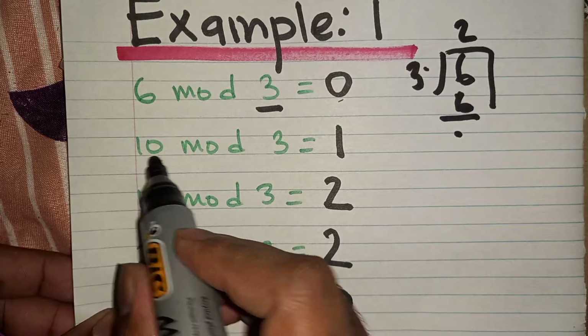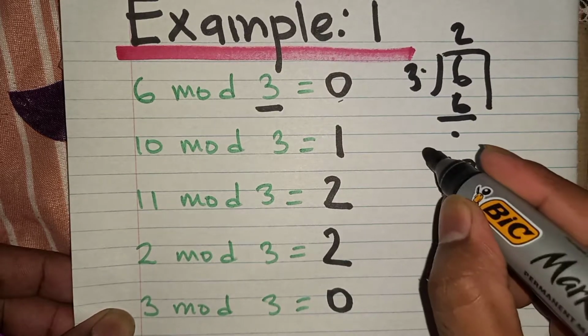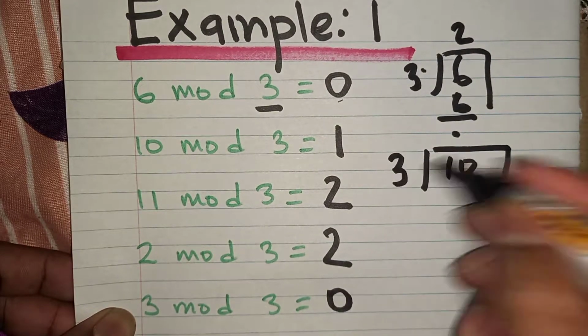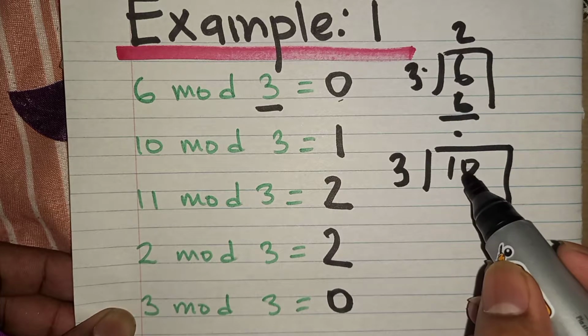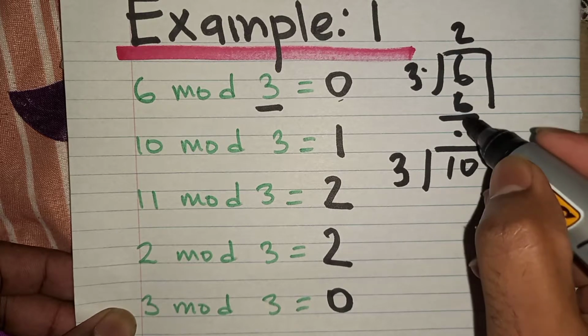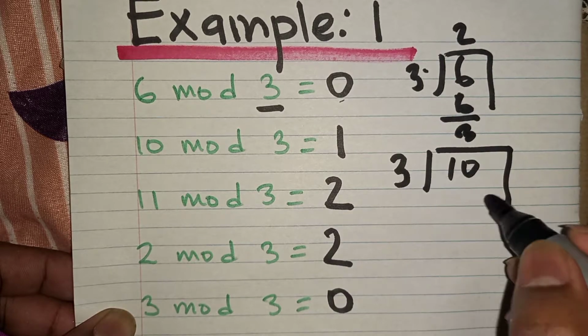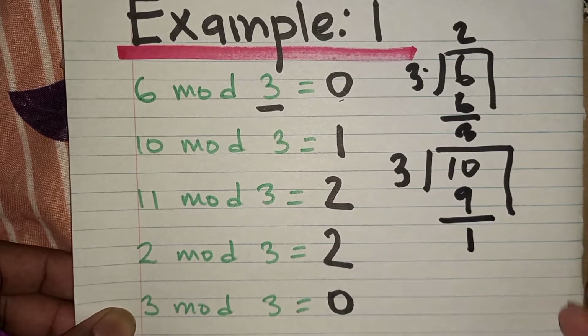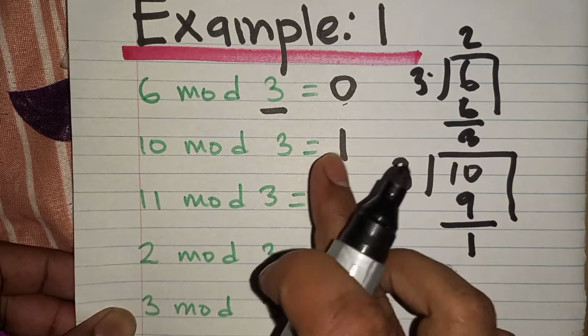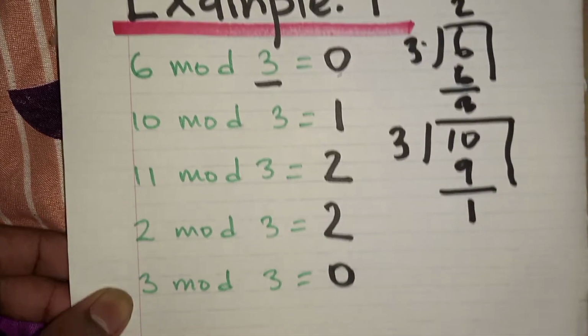Now if we do 10 divided by 3, now 3 can go into 10 3 times, and 3 times 3 is 9. The remainder is 1. That is why this 1 is going here, right?